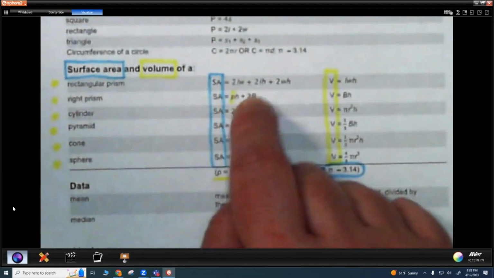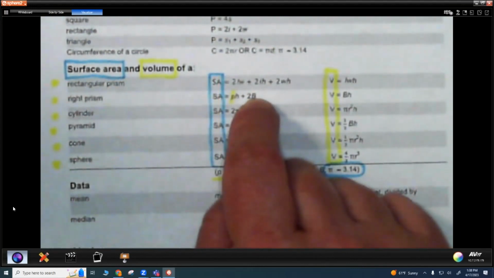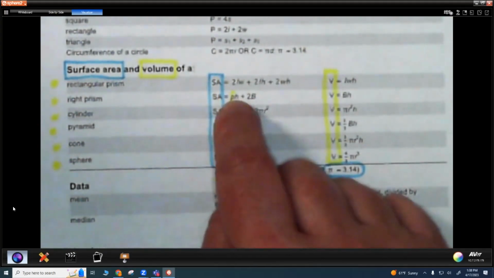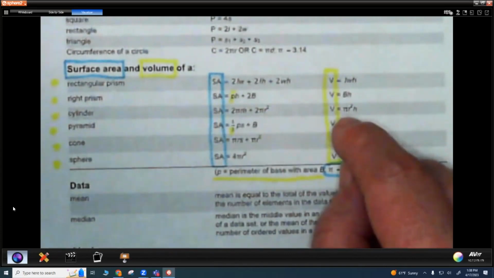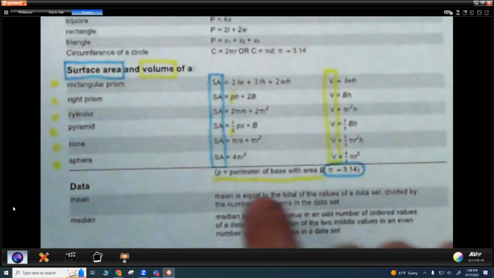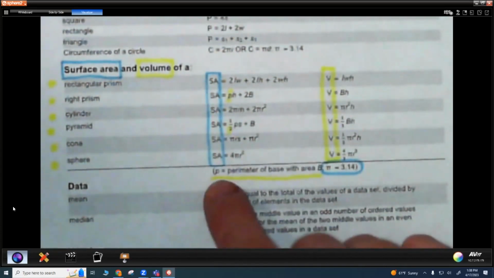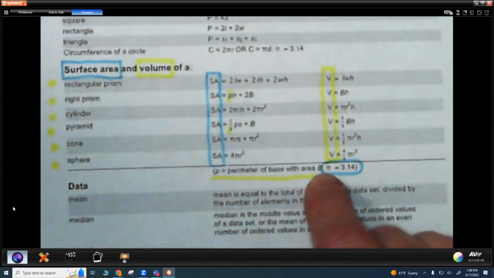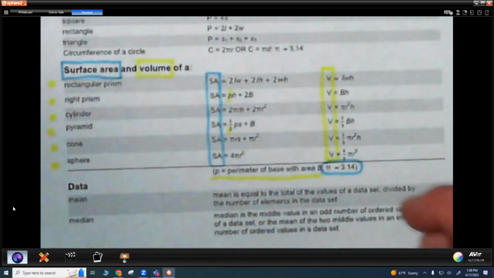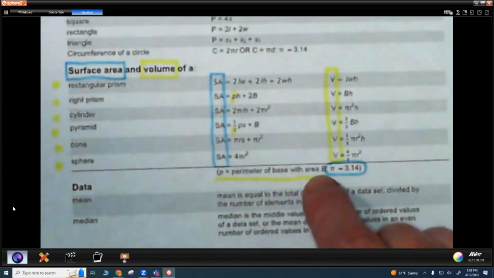If you have a prism, we need to know the area of the two bases plus the middle part. And P equals the perimeter of the base with area B. Okay, so hopefully that feels okay.